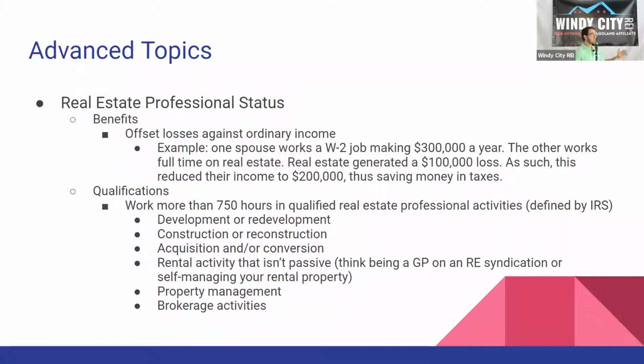So you have $300,000 in income from the W-2, and let's say you have $100,000 in losses from your real estate, whether it's a syndication or whether you're the GP or whether it's just your own real estate that you have for yourself. In effect, instead of paying tax on the $300,000, you'd be paying tax on the $200,000. So $300,000 minus $100,000.